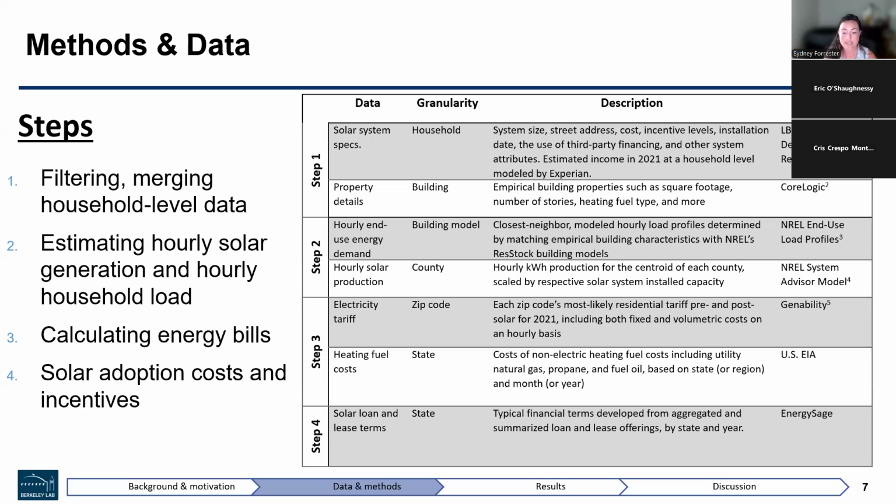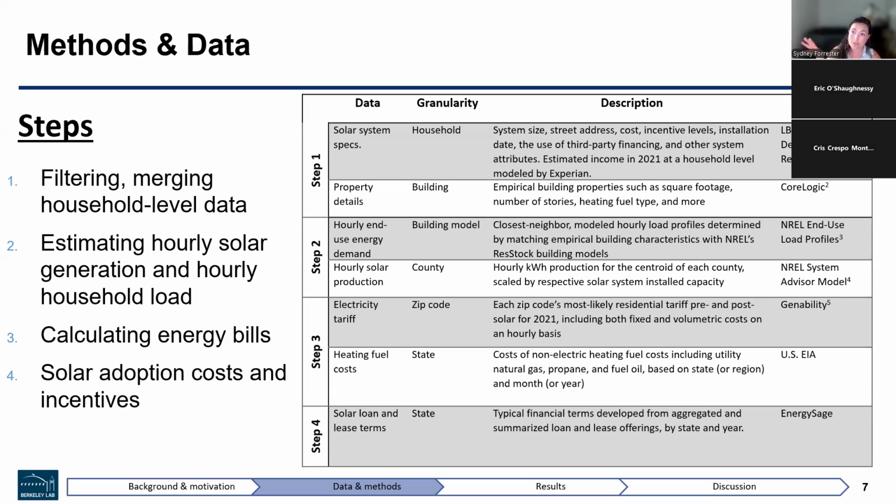This is a very large report released annually that gets into empirical cost and installation data, so all the solar specs of rooftop solar in the US. This is empirical data on essentially the size, the cost, the incentives, whether or not it's host-owned or third-party owned, and all of that.